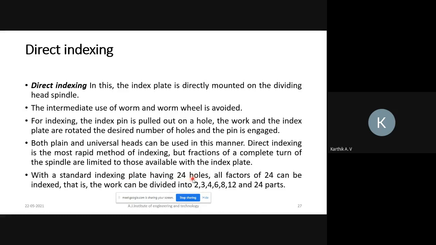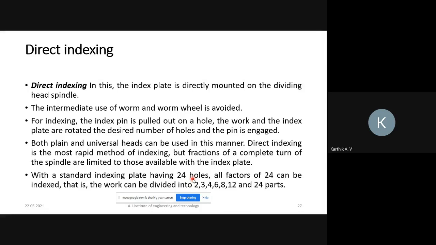One hole is nothing but one division. Two holes is nothing but two divisions. Each hole is nothing but one division you can make. That is nothing but the direct indexing mechanism.